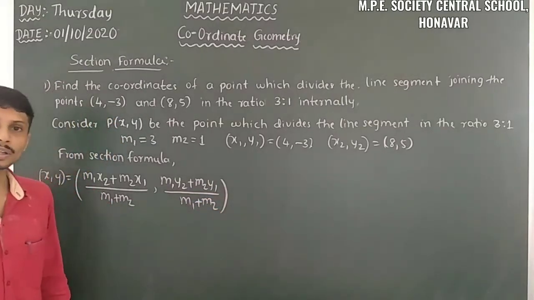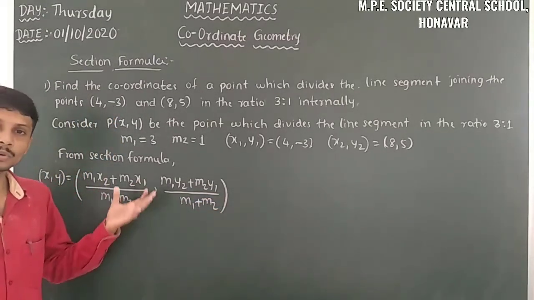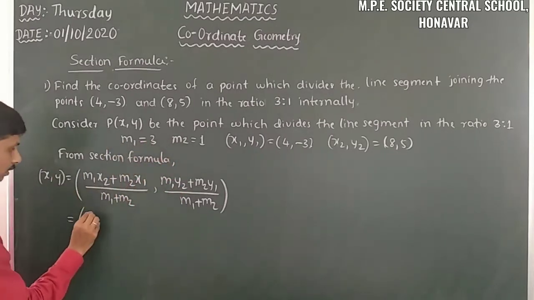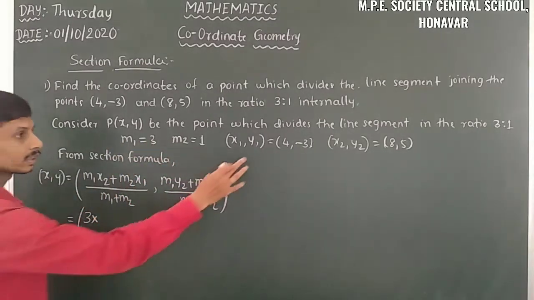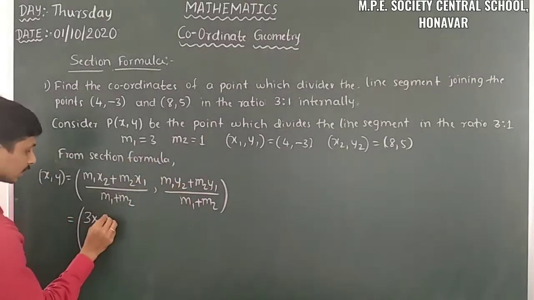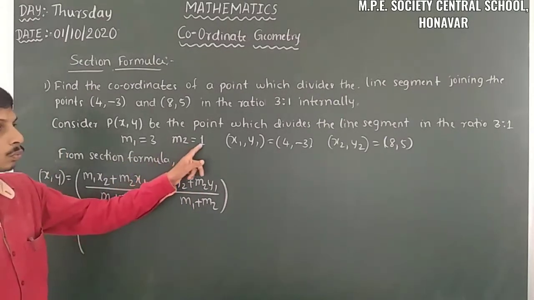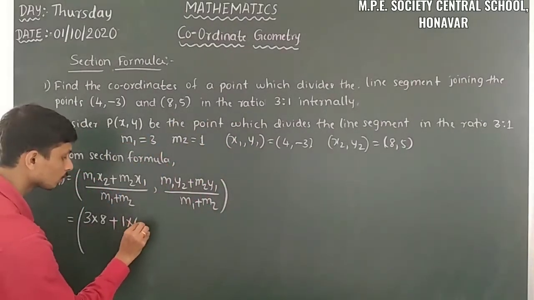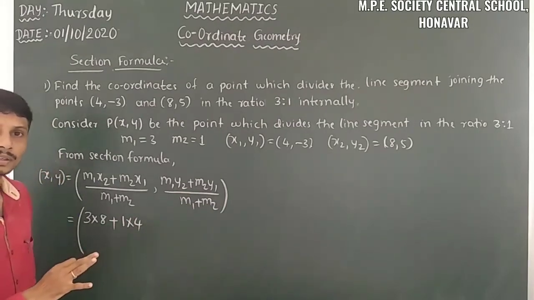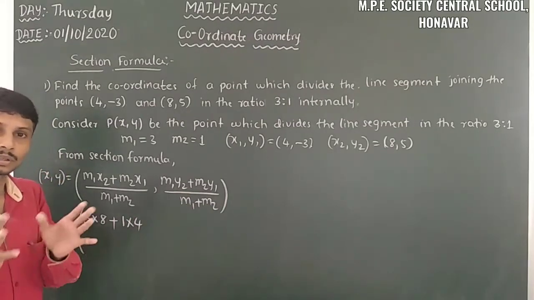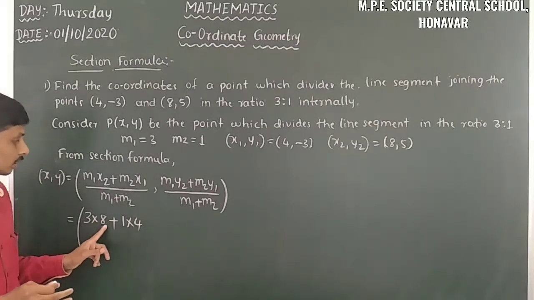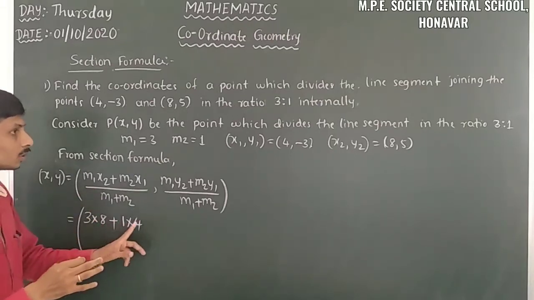So let us insert all the values of m1, m2, x1, y1, x2, y2 here. m1 is 3 into x2, it is 8, so 3 into 8 plus m2 is 1 into x1, 4, 1 into 4. Be careful about that. When you neglect or confuse any values, the whole problem will be wrong. So here m1 into x2 and m2 into x1.